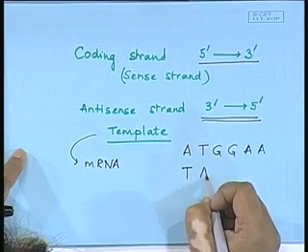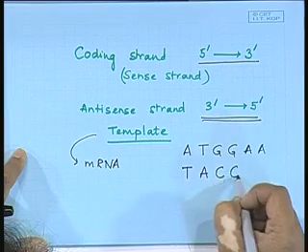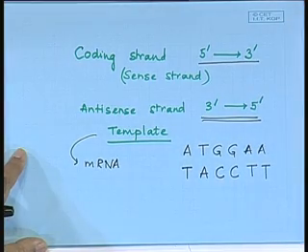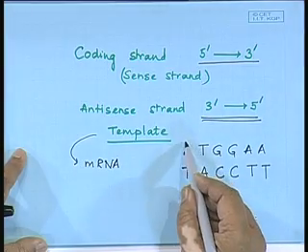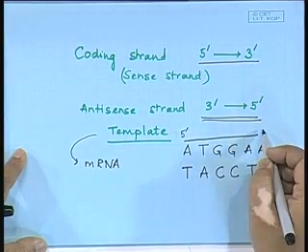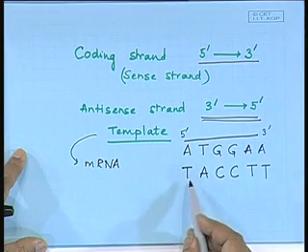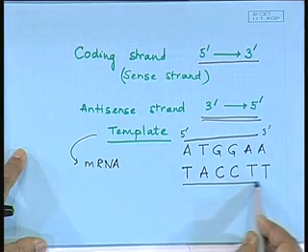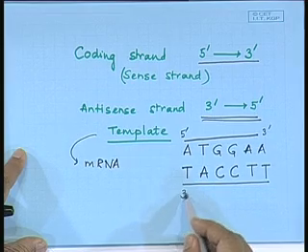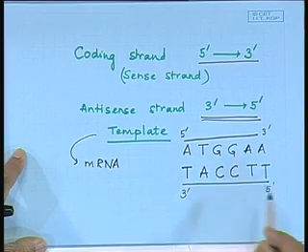T, A, C, C, T, T, right? So, this is my sense strand that goes from 5 prime to 3 prime. This is my antisense strand that is 3 prime to 5 prime.